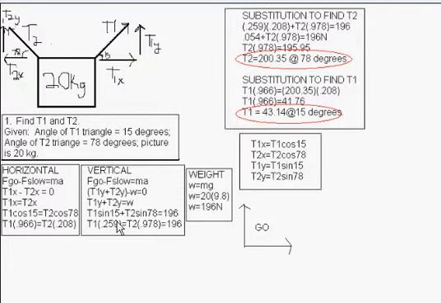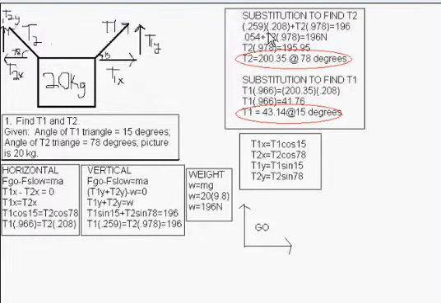This equation right here is taken directly from the vertical motion equation right here. The only difference is that there is 0.208 right here. The 0.208 was taken from right here when T1 times 0.966 equals T2 times 0.208. Since that is true, in order to find T2, we can use this value right here and put it in for T1.